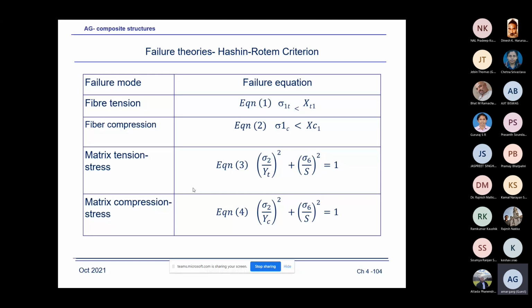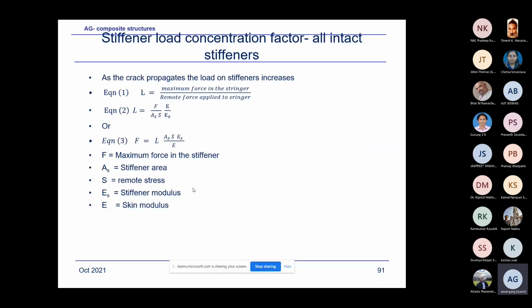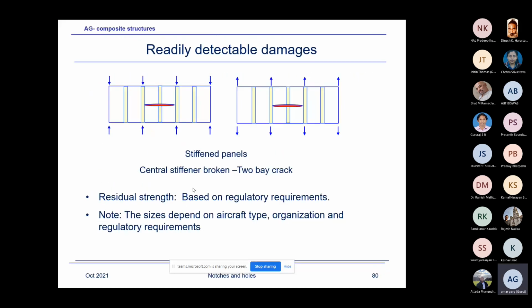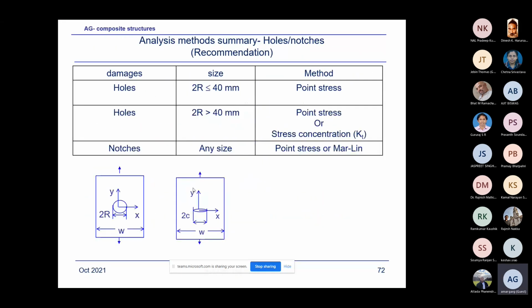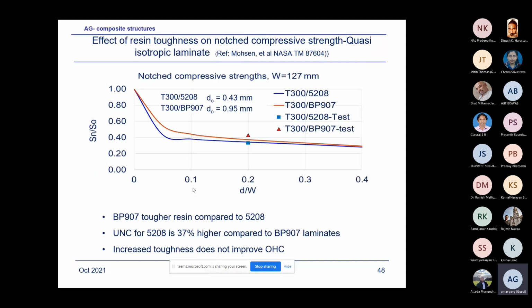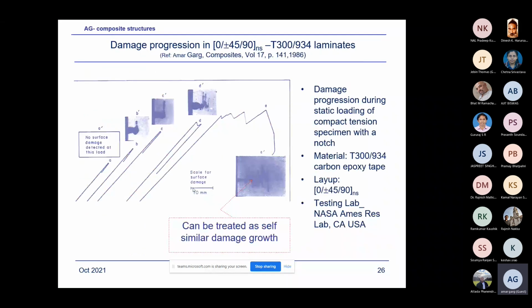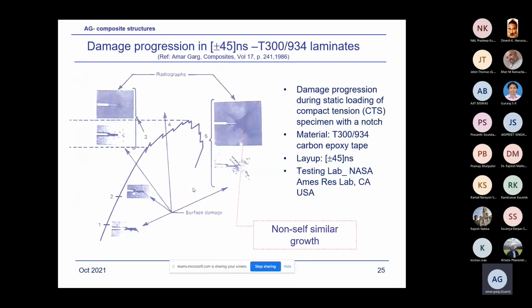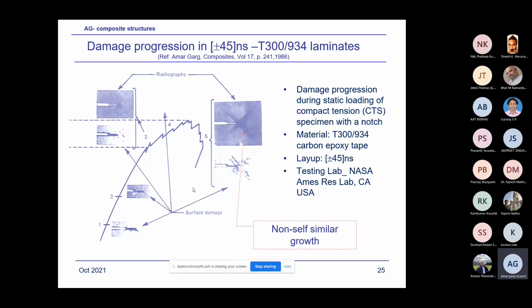The criteria, in fact, let me see if I added a slide over here, because you asked a couple of weeks back. I think I might have put it in the fatigue section, not in this one. So what happens, the delamination criteria, the disbond: we have to demonstrate that a disbond of a particular length, which can be inspected during the inspection intervals, will not reduce the residual strength below the limit, and it will get stopped, arrested.